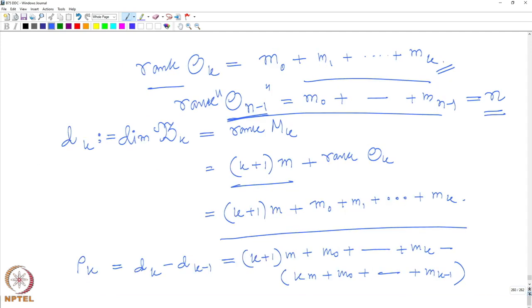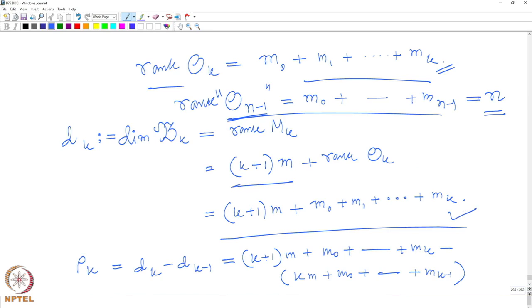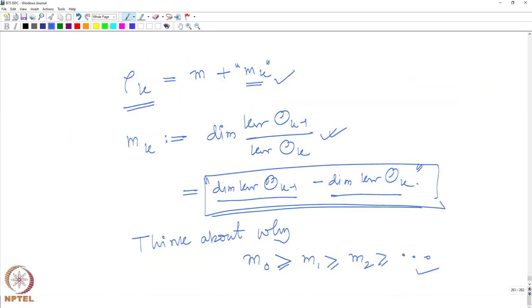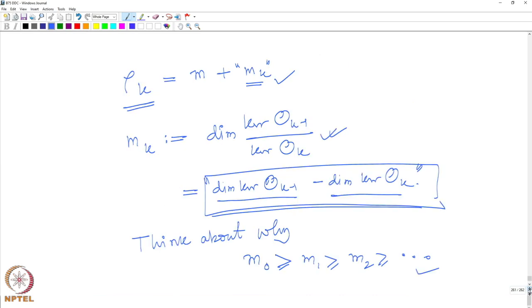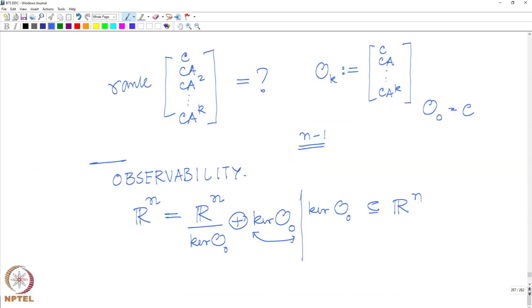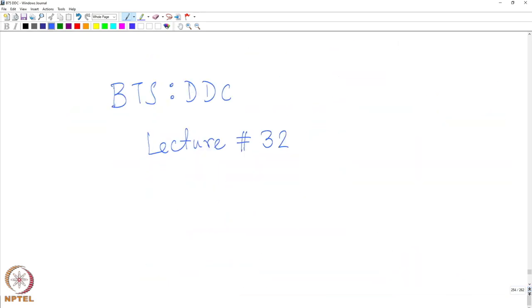And then we find out that d k is this, rho k is this, and that implies rho infinity is this and m infinity is 0, and this is what we have. With these things, we will be able to derive this persistency of excitation idea, as we will do in the next couple of lectures.